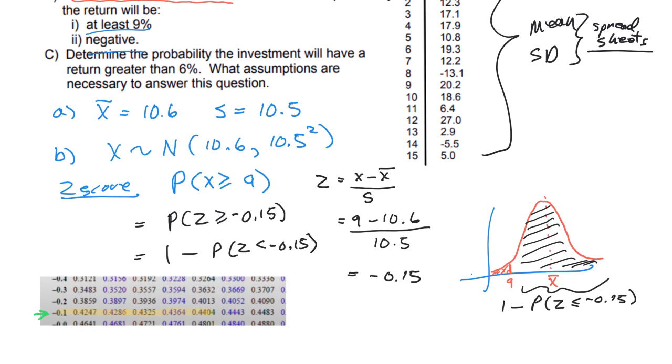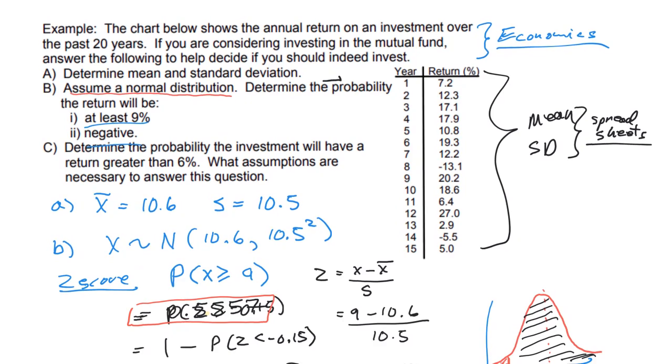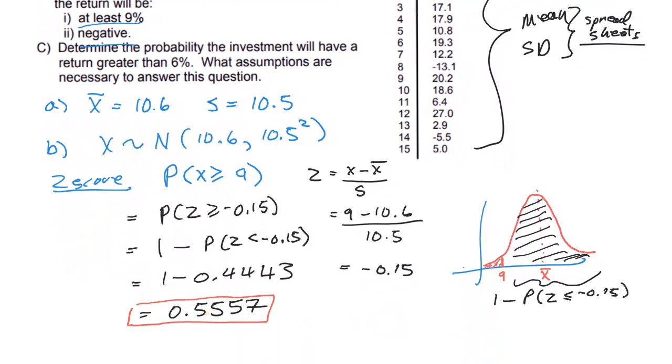In this case, our value for z is 0.4443. So we have 1 minus 0.4443, which gives us our final answer of 0.5557.